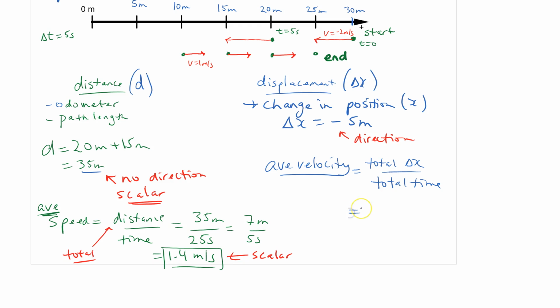So what was my total displacement? Well, we just figured that out. It was minus 5 meters. How much time went by? 25 seconds. So minus 5 divided by 25, I can reduce that. That becomes negative 1/5 meters per second, or I can write that as negative 0.2 meters per second.